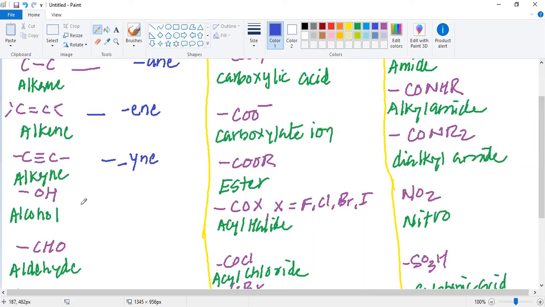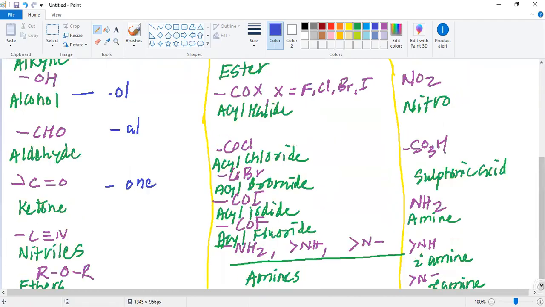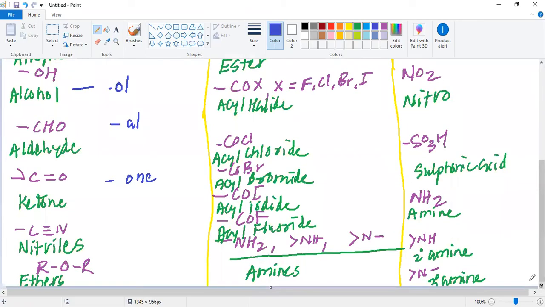Then for alcohol, my dear students, we may have OL. Then for aldehyde, we can write AL. For ketone, we should write ONE as a suffix. For nitriles, we may write nitrile.